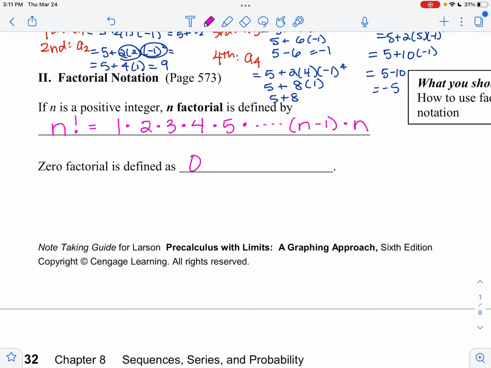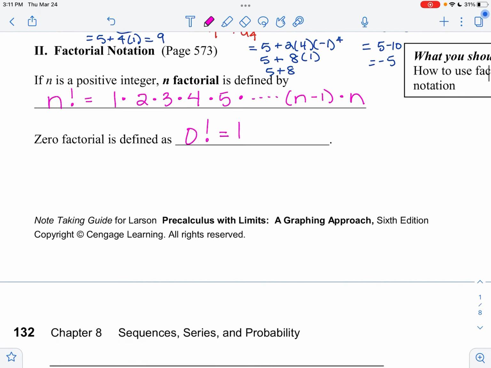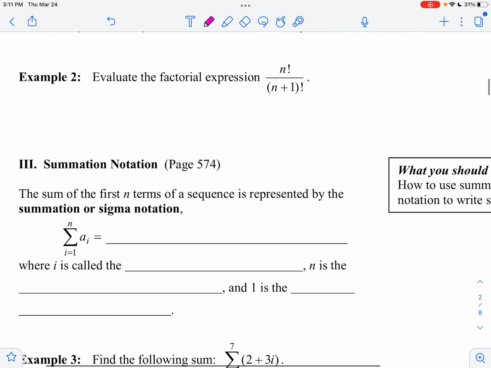0 factorial looks like this, and the definition of 0 factorial is 1, just like any value to the 0 power is also 1. So if we were going to evaluate this factorial expression, we don't know what n is, but what's cool about this, I know n factorial, and then n plus 1 factorial tells me that it's really n factorial times n plus 1.